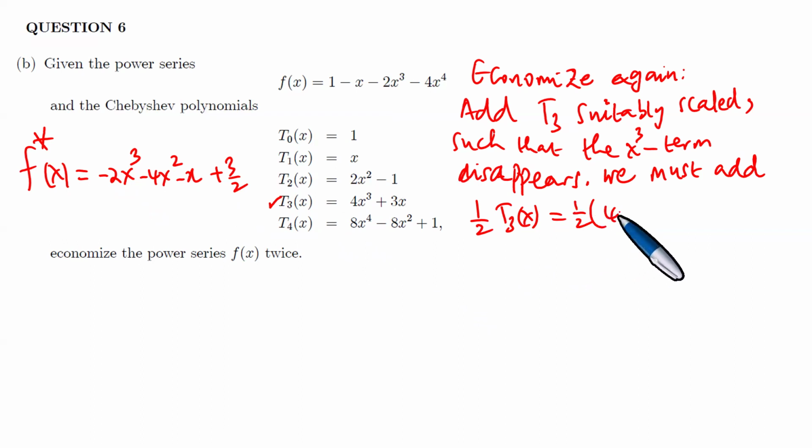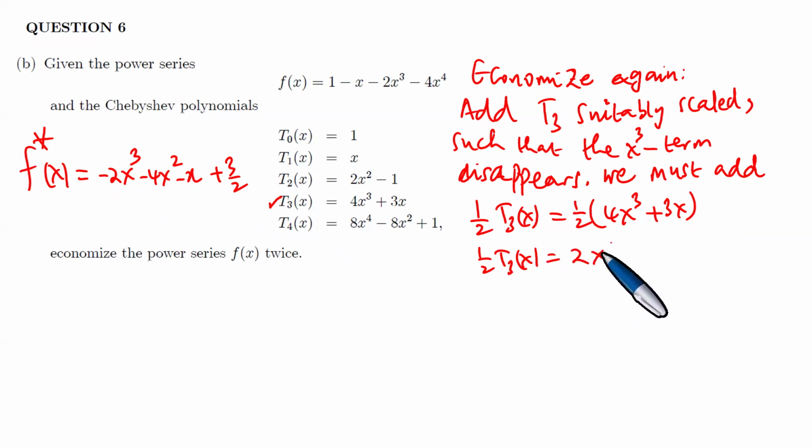What is T3? So you have 2x cubed, 3 over 2x.